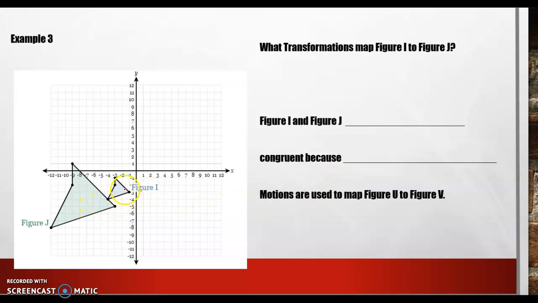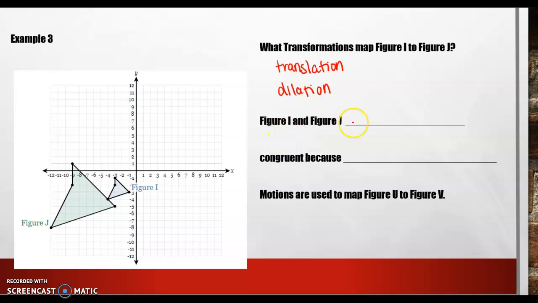So what transformations had to happen to map figure I to figure J? Well, we see that it was shifted, so we know that there is a translation there. But also there was a dilation because it got bigger.